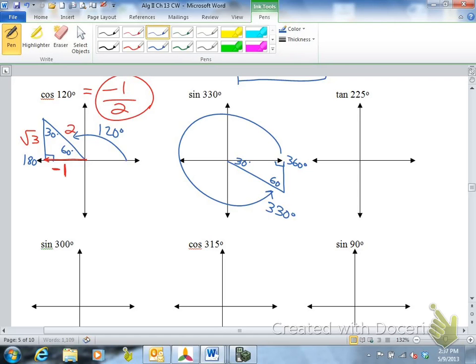And down here you'd have a 60. So we have 30, 60, 90 again. Across from 30 is a 1. However, since you're going down below the origin, below the axis, this would be a negative. 60 would be square root 3 and a 2. So this would be -1/2, opposite over hypotenuse.